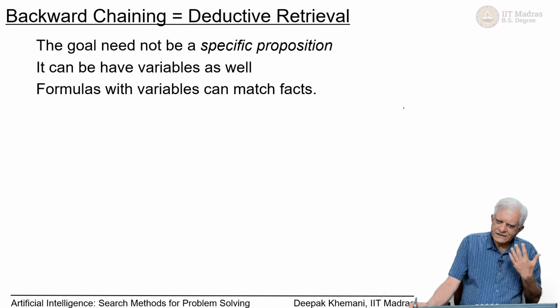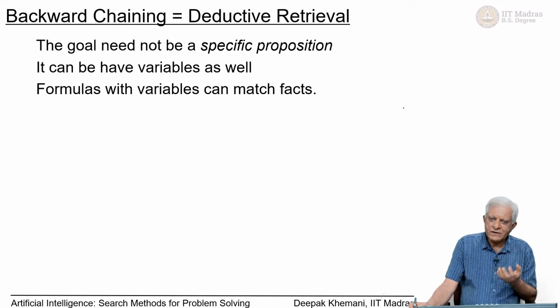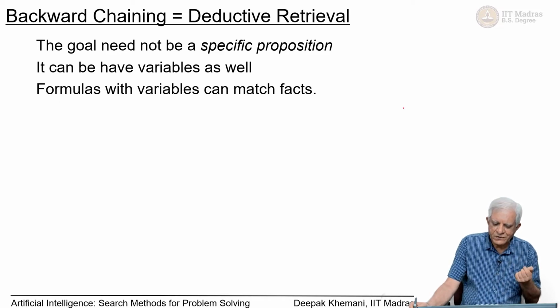And just like in a database, you can say show me an employee who earns more than X and who has been working for more than Y years or something like that. It will retrieve something for you. In deductive retrieval, also it will retrieve something for you, but in the process it may end up doing some logical inferences as well, and we will see an example in a moment.